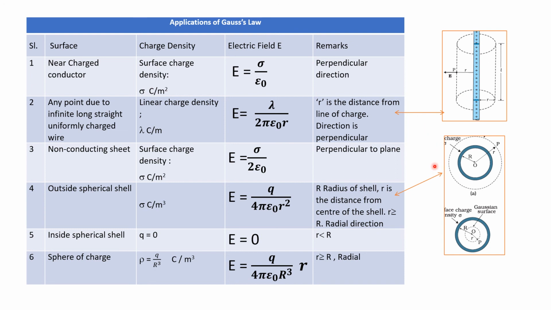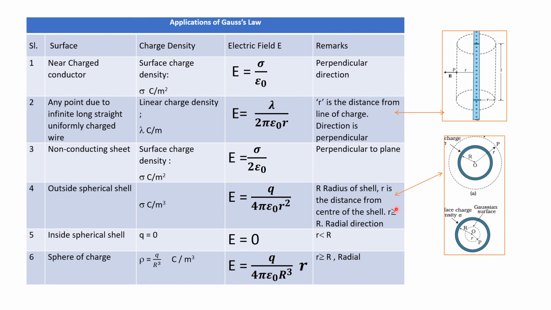And in case of a non-conducting sheet, the surface charge density is sigma coulombs per meter square, and E is equal to sigma over 2 epsilon naught, which is perpendicular to the plane.